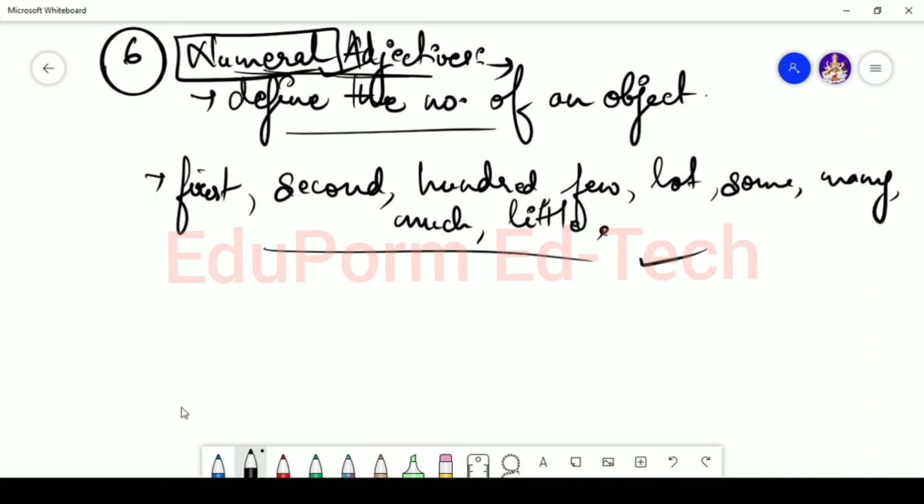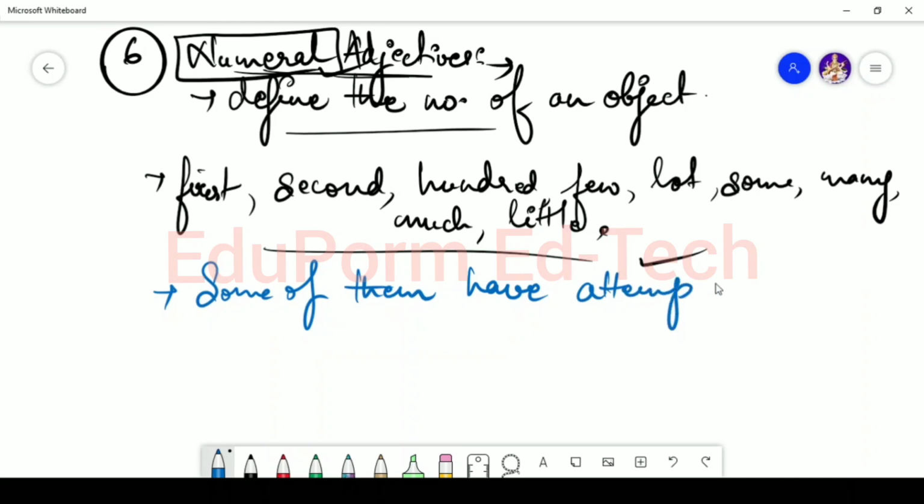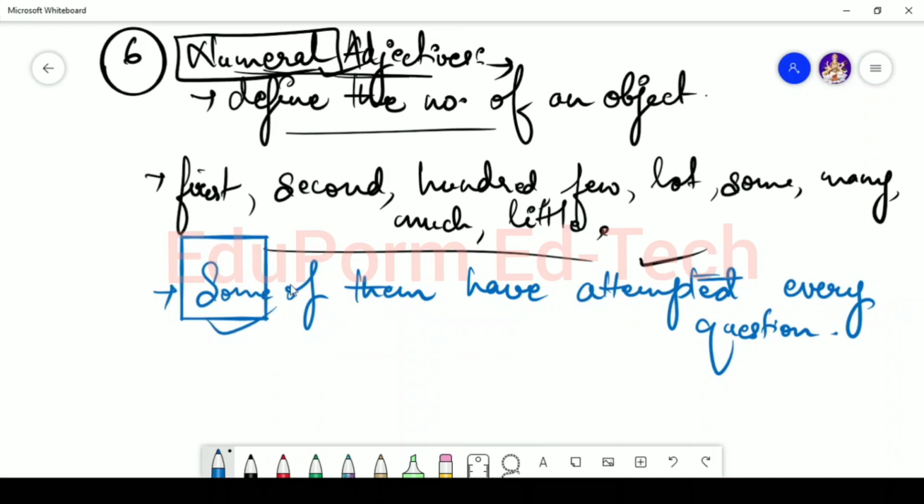Okay, all of these words are basically considered as numeral adjectives. Let's say for example, if I say that some of them have attempted every question. Okay, now in this sentence, I have made use of some of them, which means I am making use of numeral adjectives.